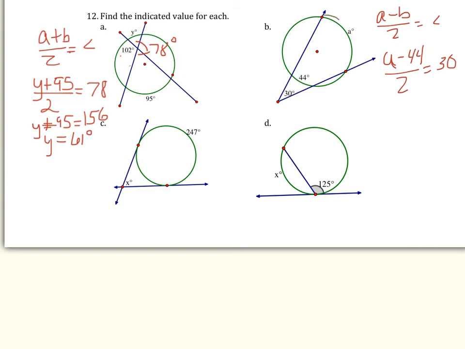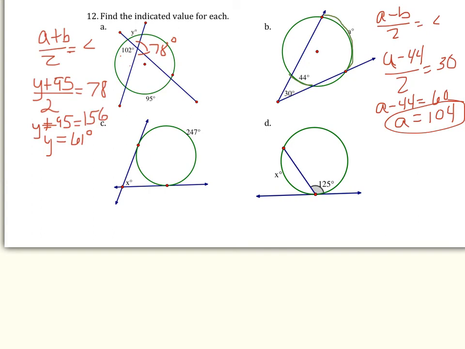The two secant lines are intercepting this arc right here, which is an unknown, and this arc right here, which we know is 44, and we know the difference of those divided by 2 would be the outside angle. So I'm going to solve this, and I would get A minus 44 is going to equal 60. If I add 44 to both sides, I get 104. So the arc at A is going to be 104 degrees.